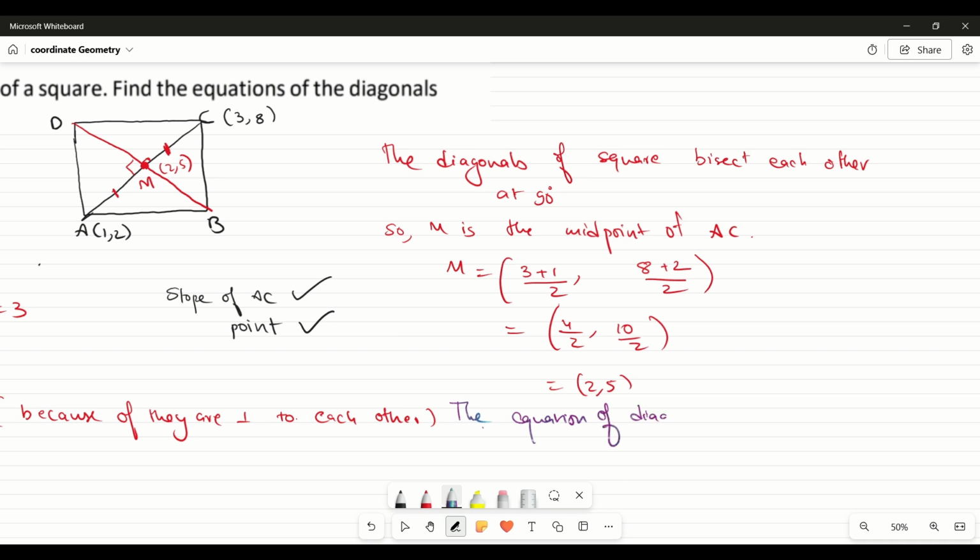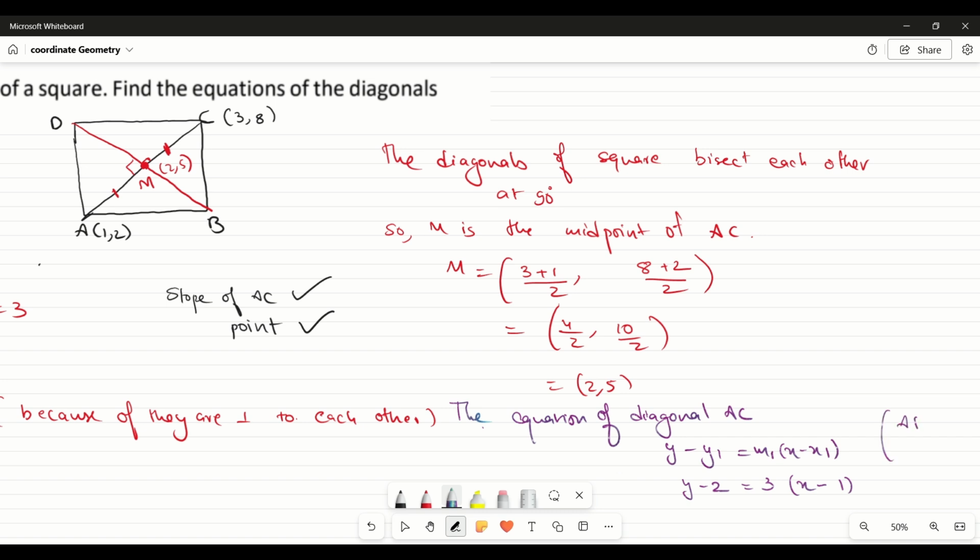So we can find the equation of AC and BD easily now. Let's do it. So the equation of diagonal AC is y minus y1 equals m times (x minus x1). What was the slope? The slope was 3. Now, there are 3 points on the diagonal AC. You can choose any one. All of them will give the same answer.